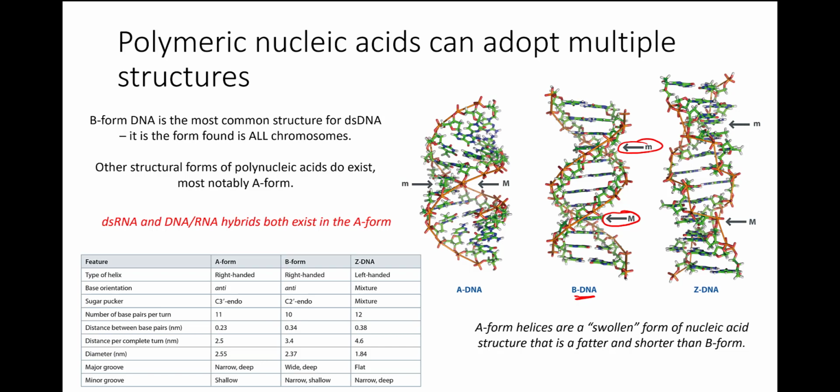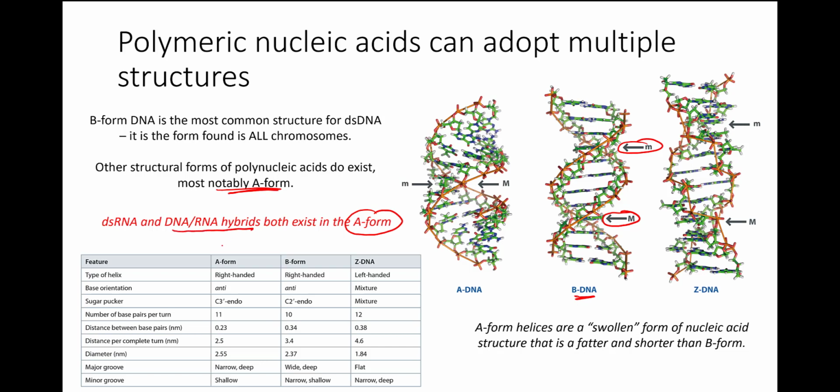Other really important forms exist, most notably what's called A form. A form is the shape of the helix when RNA forms a double helix or in DNA-RNA hybrids. So A form is the most dominant form for RNA double helices or DNA-RNA hybrids.